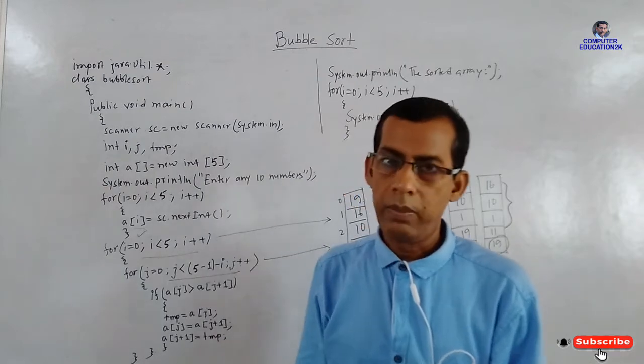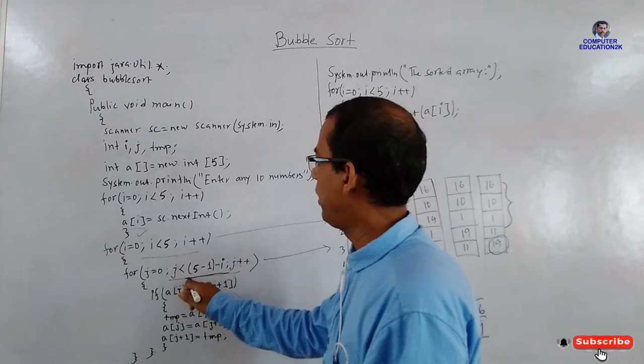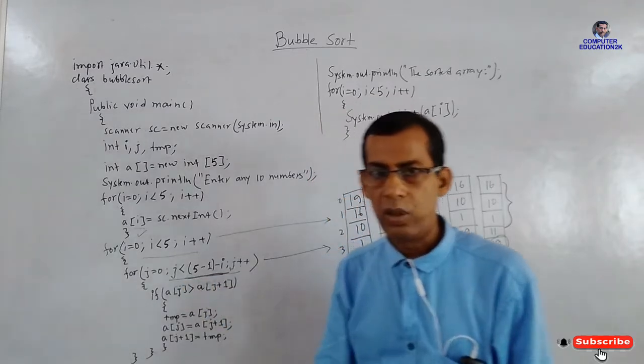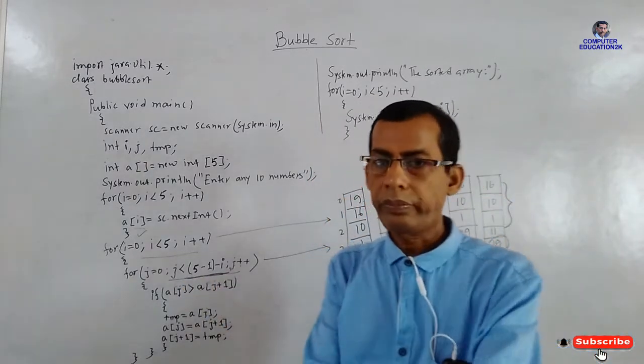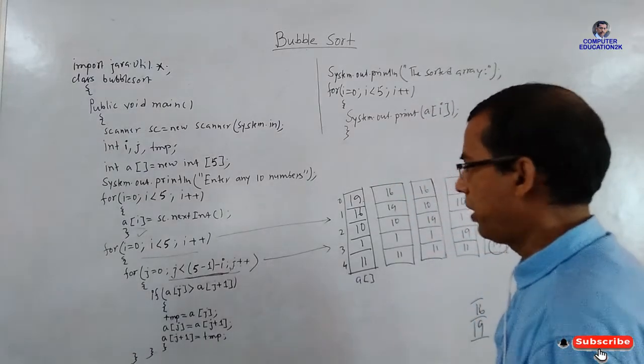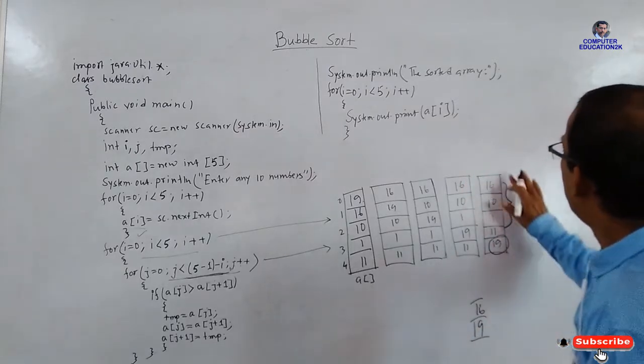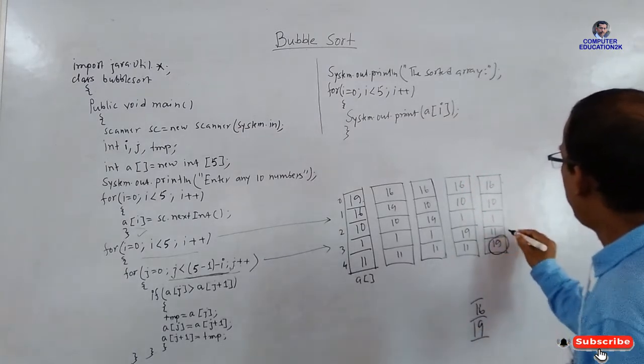Most of the time you ask me why I have given 5 - 1 - i like this. This is a very common question. While sorting the values in the array, you will reach till here.